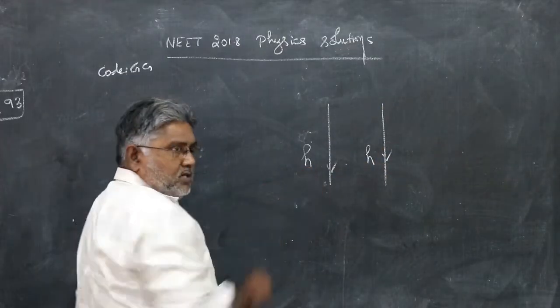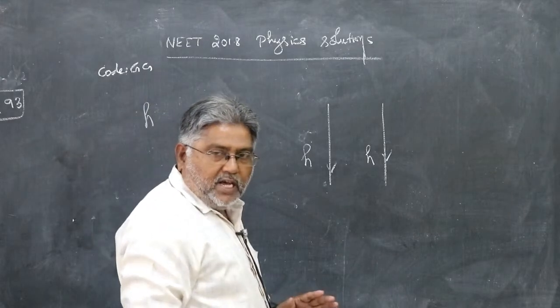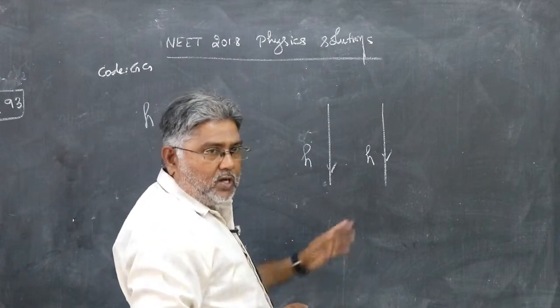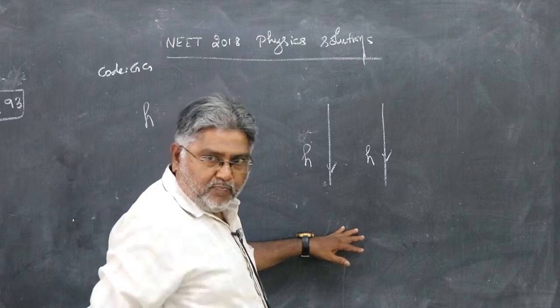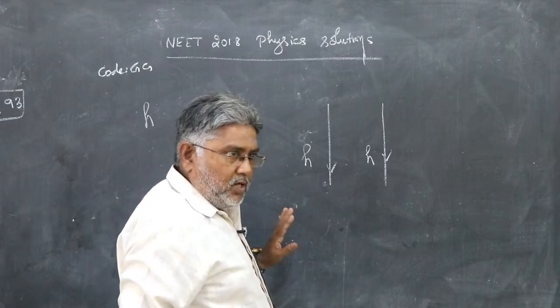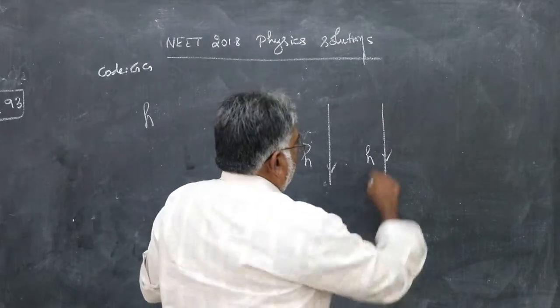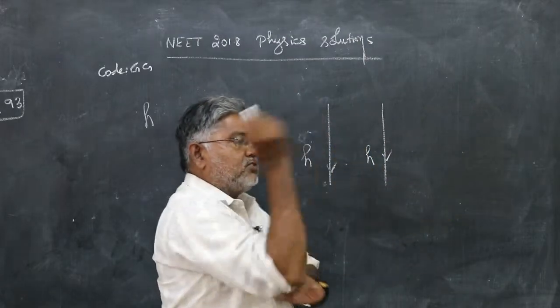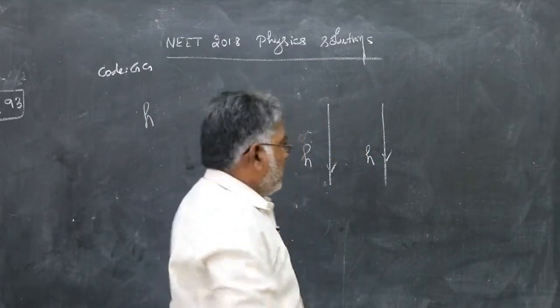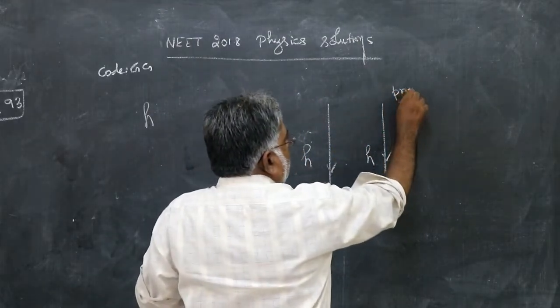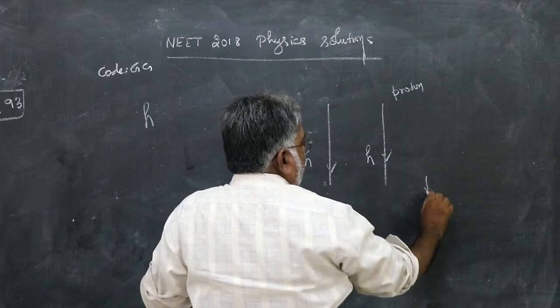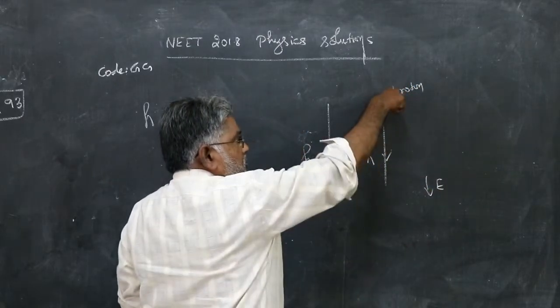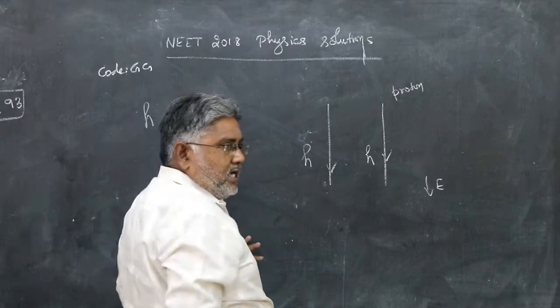Only thing, the direction of the electric field in the case of an electron and in the case of the proton will be different. Do you understand that? A positive charge will always move in the direction of the electric field. So, if it is a proton, you have to apply the electric field down, because a positive charge will move along the direction of the electric field.